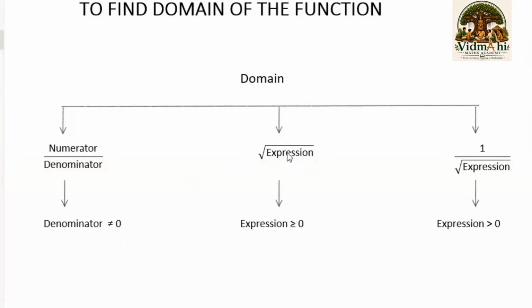Second rule: if the given function is of the form root of expression, then the expression should be greater than or equal to 0. Third rule: if the given function is of the form 1 by root of expression, then the expression should be greater than 0. These are the three golden rules. You should keep these three golden rules in your mind.